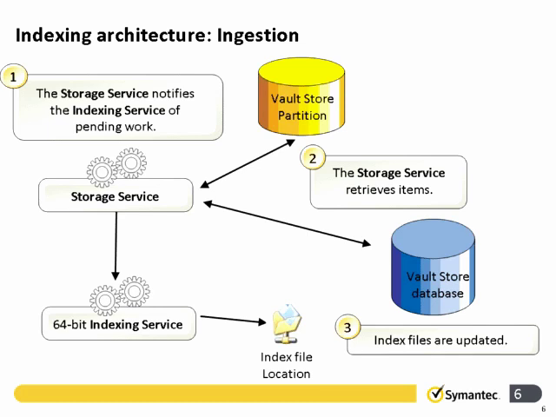The storage service is then going to be responsible for retrieving the items from the Vault Store partition and then passing those converted content files, message bodies, and the attributes to the indexing engine. The indexing service will then index that converted content file, message bodies, and the attributes, and update that data to the appropriate index location folder.